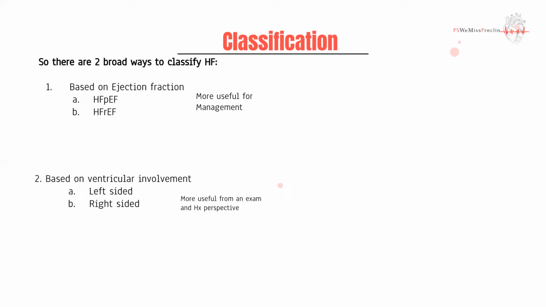You know that the right heart receives blood from the systemic circulation, right? If your right heart is not functioning well, all that blood that it was meant to pump away from the systemic circulation is going to backflow and pool up in the systemic circulation. This is going to go to your feet. This is going to go to your belly. This is going to go to your liver. It's going to go to your JVP. That's right heart failure.